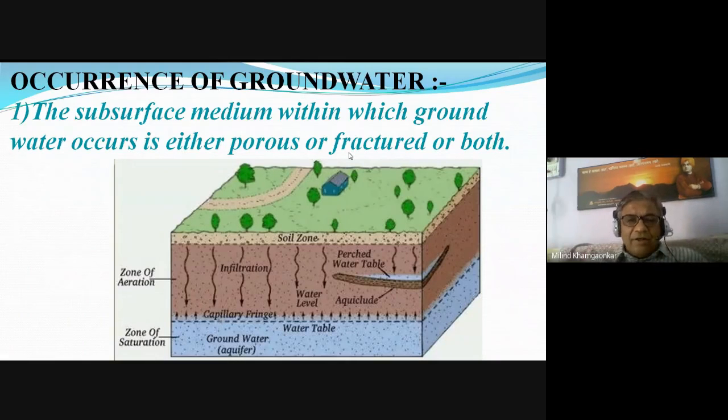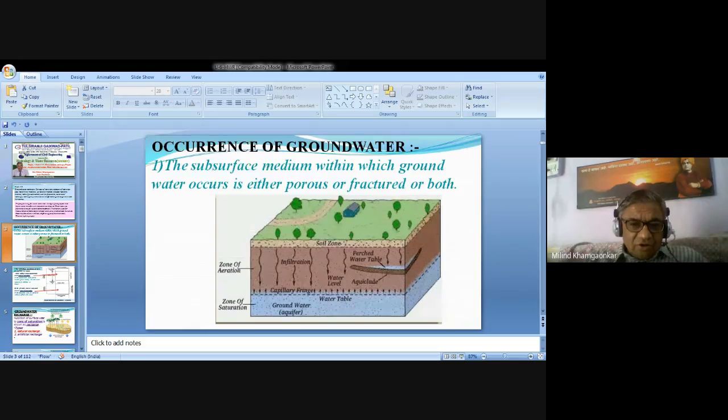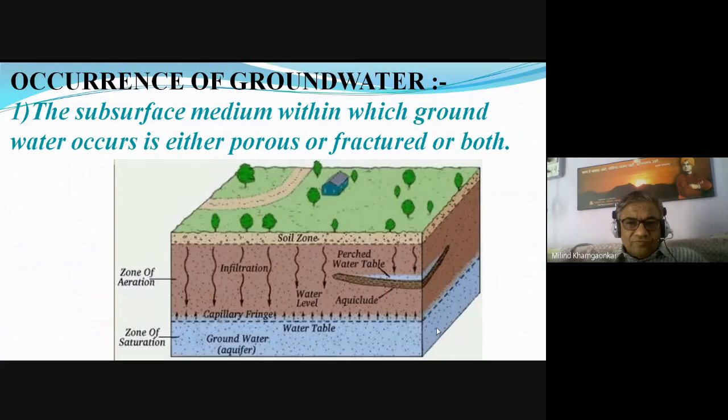We have seen in our earlier unit number 5 that the groundwater occurs below the surface of the soil and subsurface also, due to the porous nature of the soil, or if rock is there, then the fractured nature of the rock, or both porous and fractured nature of the subsurface, which is the cause of percolation of the precipitated water, and that percolation we have called infiltration.